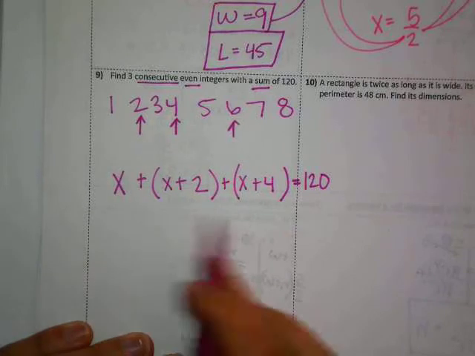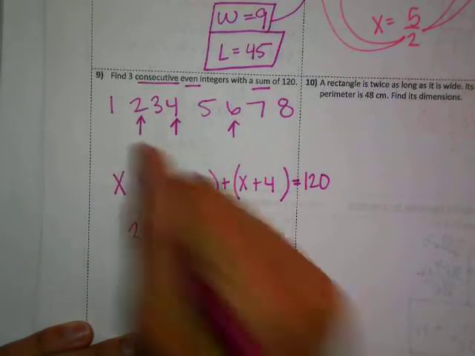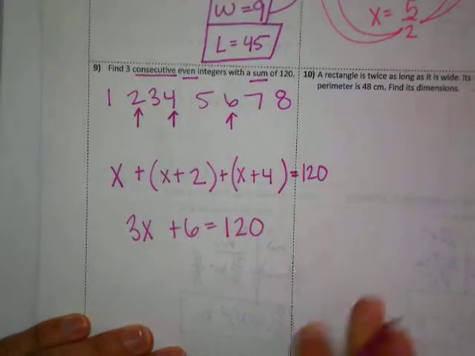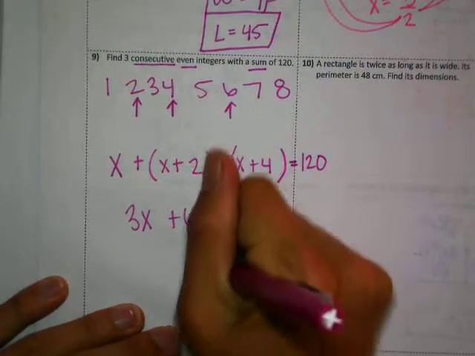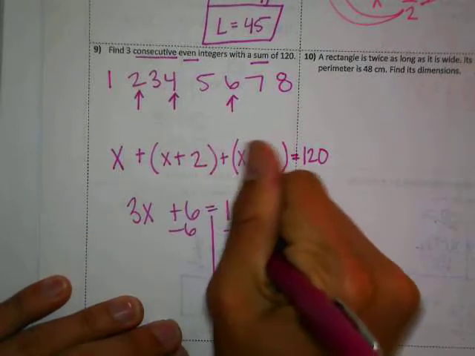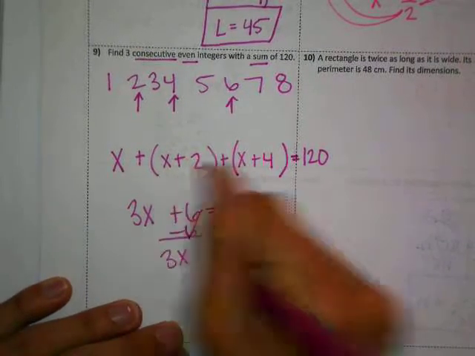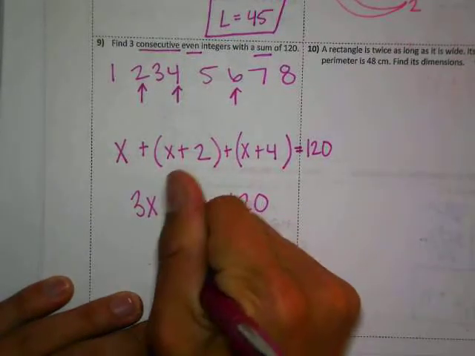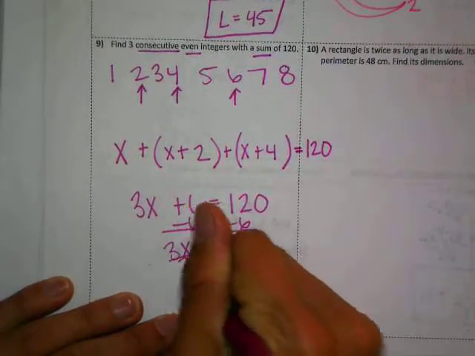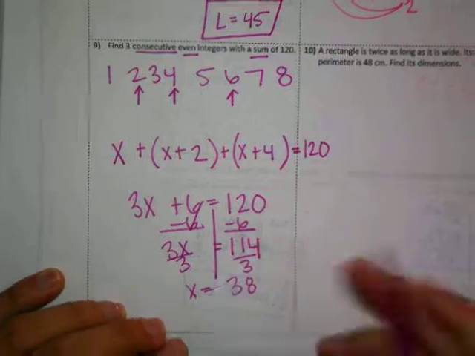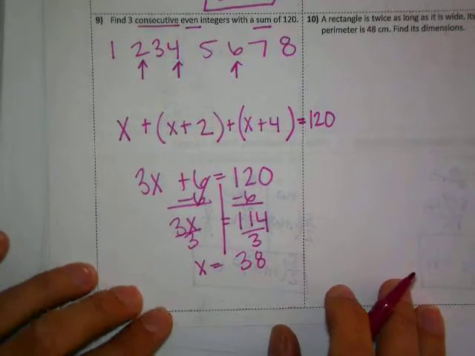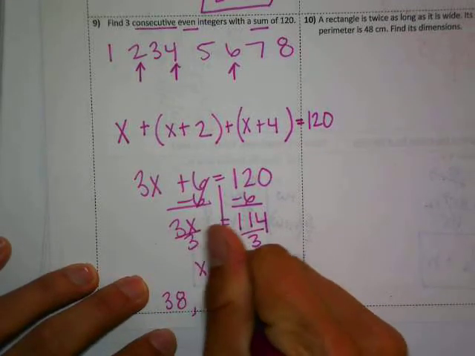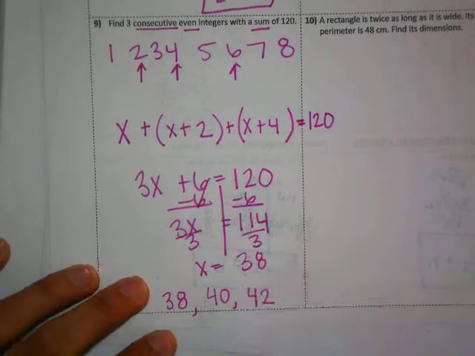So how many x's do you have? 3x plus 6 equals 120. Then subtract 6. 3x equals 114. Divide by 3. And so x is 38, which means that my 3 even numbers are 38, 40, and 42.